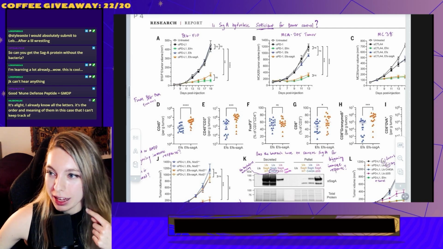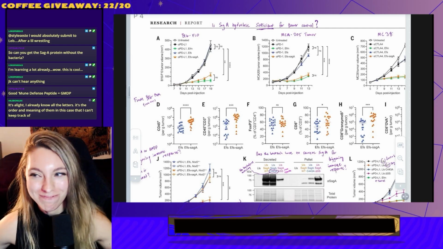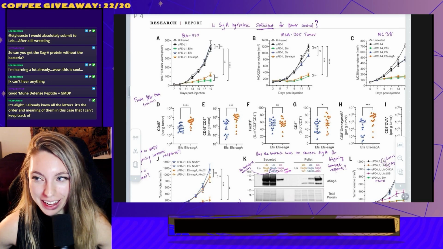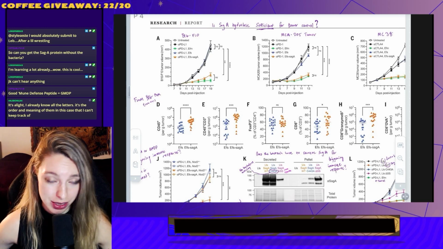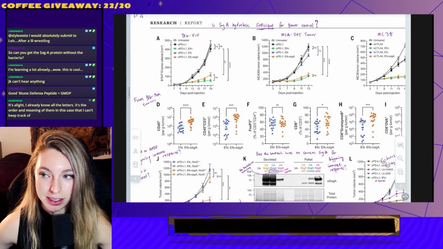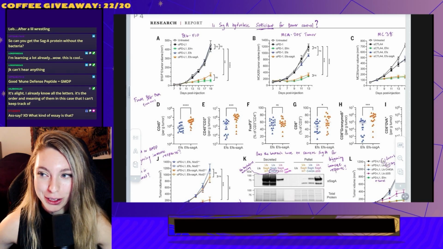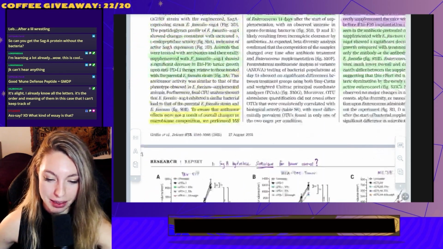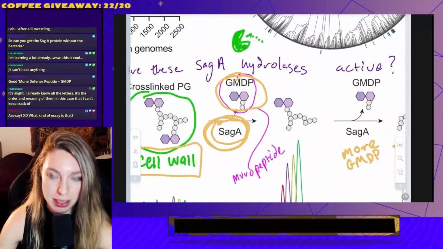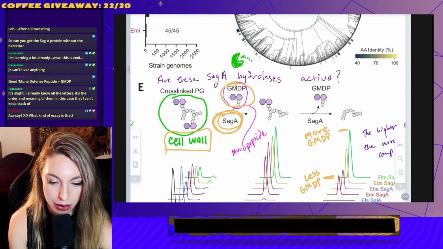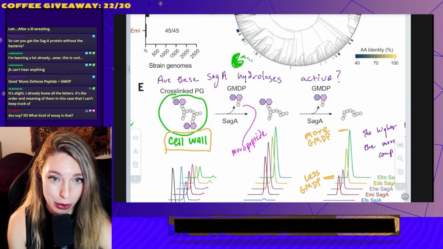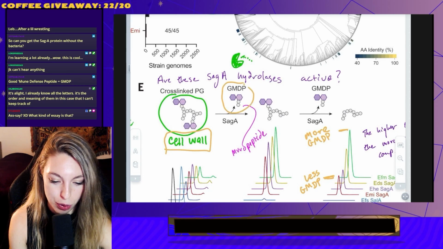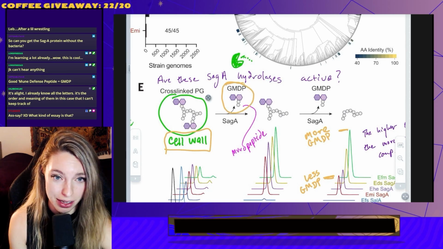So can you get the SagA protein without the bacteria? SagA could be made by itself. The only thing is, there's another way to bypass bacteria even better, and that is to simply make synthetic copies of GMDP. Remember how I told you there are some companies that are really interested in using the cleaved portion of the cell wall as a therapeutic?